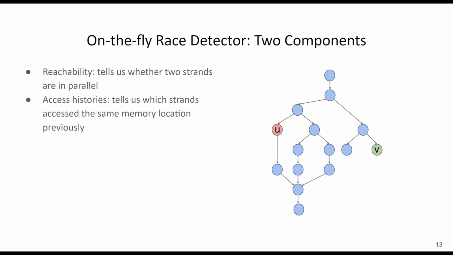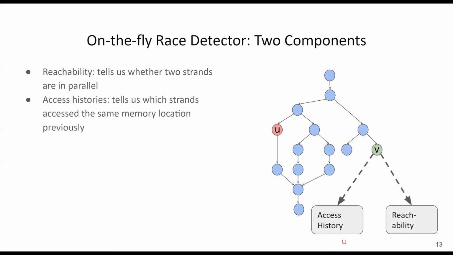Now we execute node V. We first query the access history and learn that node U has also accessed the same memory location. Then we run a reachability query on U and V. Since there's no path between them, the result of the query is that U and V are in parallel. Therefore, we find a race.